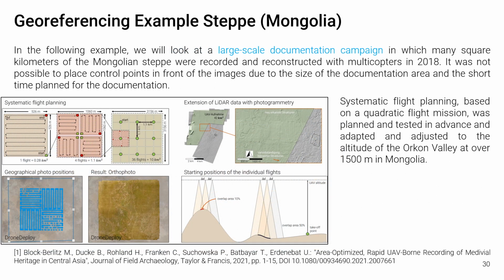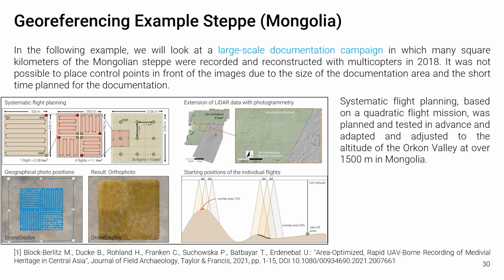In the following example, we will look at a large-scale documentation campaign in which many square kilometers of the Mongolian steppe were recorded and reconstructed with multicopters in 2018. It was not possible to place control points in front of the images due to the size of the documentation area and the short time planned for the documentation.